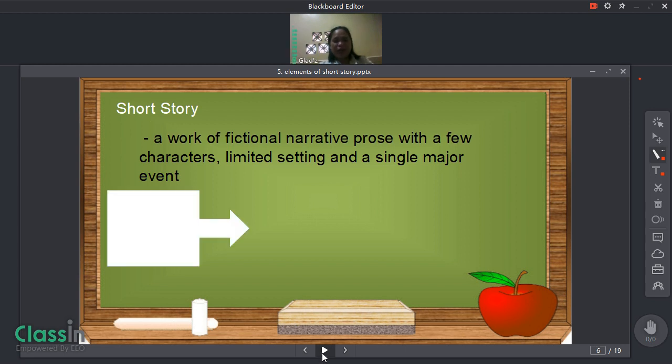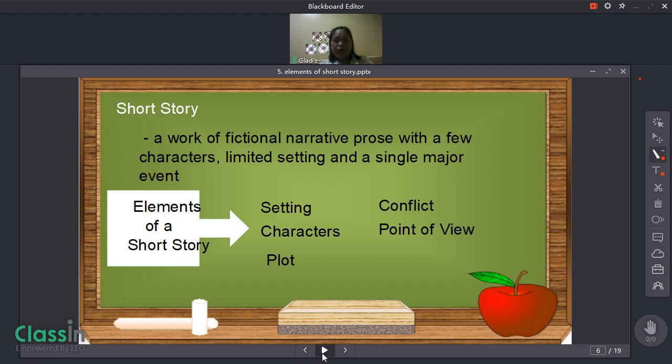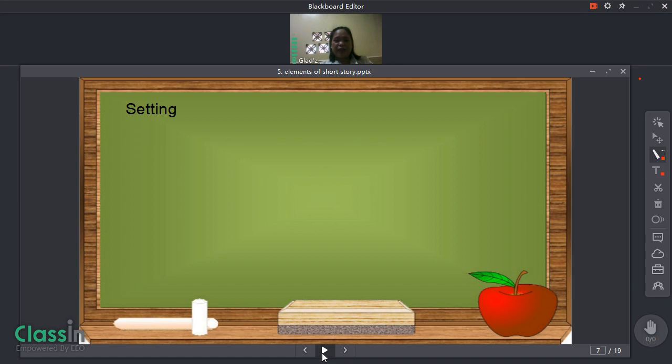And then we have different elements of a short story. These are the setting, the characters, the plot, the conflict, point of view, and the theme. Okay, so let us discuss it one by one. Let's have first the setting.